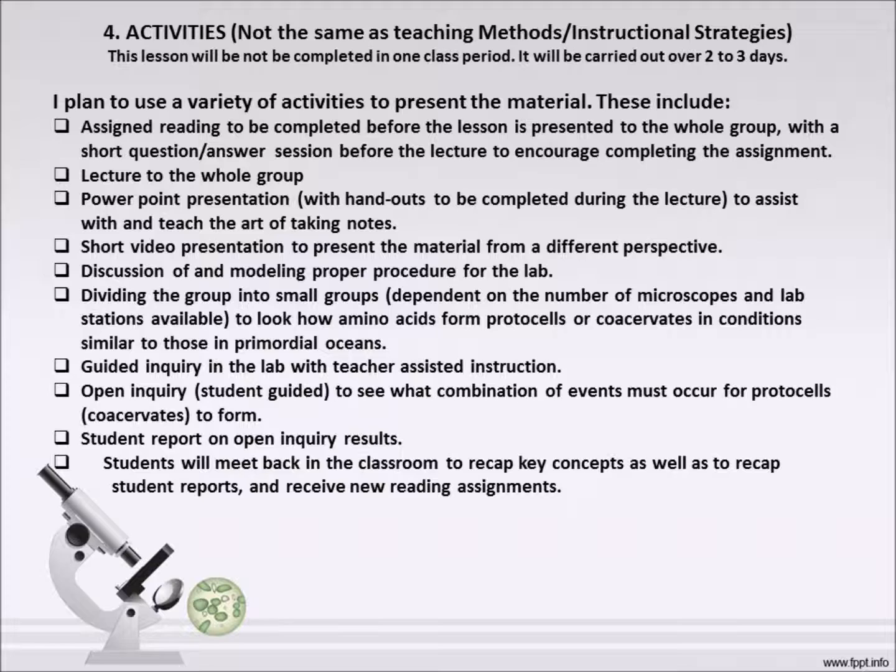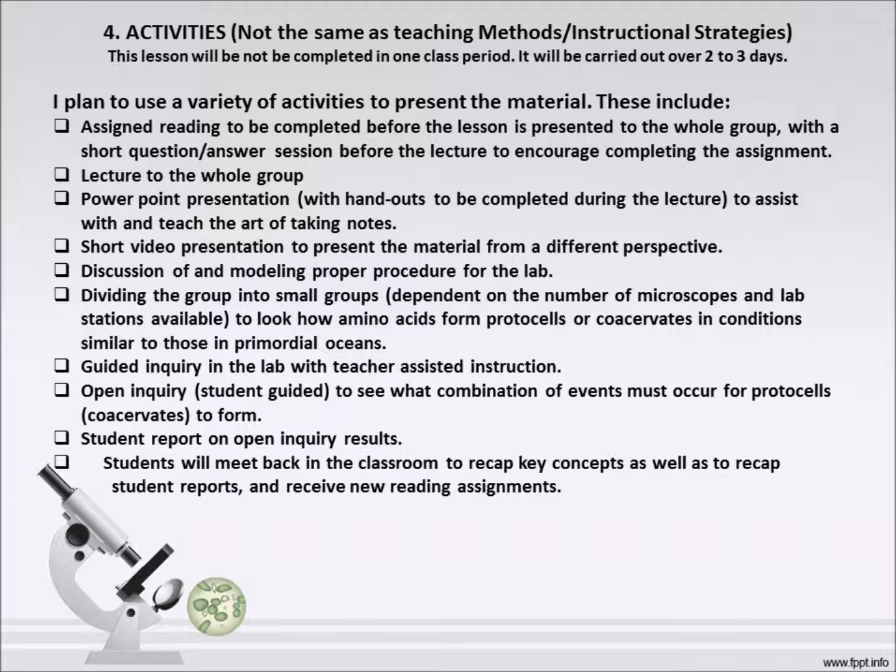Basically, we follow a set of predetermined procedures for the lab, complete with explanations of what each step is going to show us, what goals we're looking for, and what we expect to see when we have completed this experiment. And that's the guided part of the experiment.